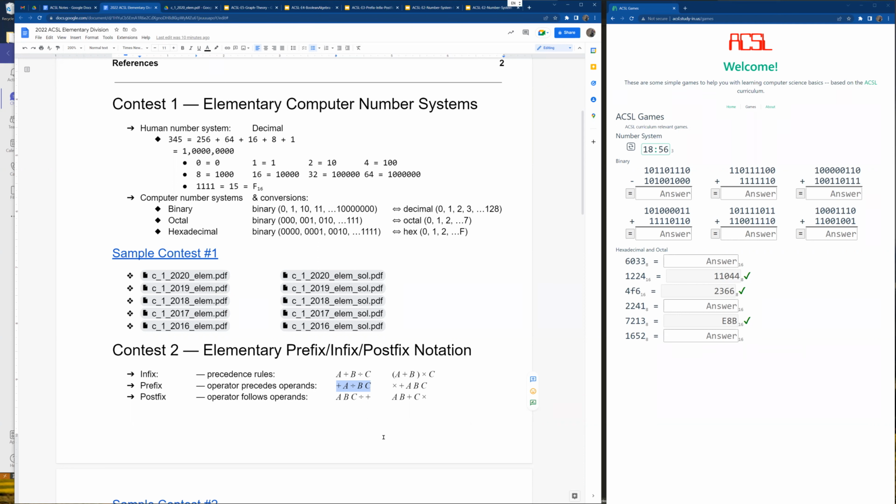That gives you the same result as the infix expression up here, which is A plus B divided by C. You do B divided by C first, and then add that result onto A to get the whole result.